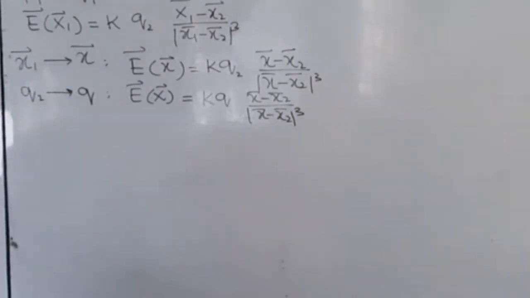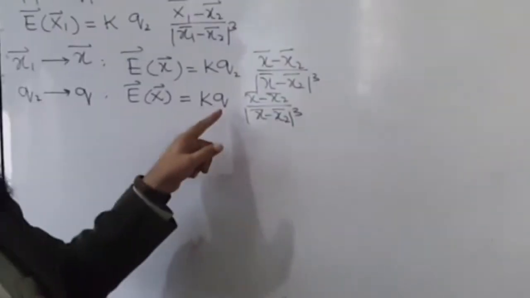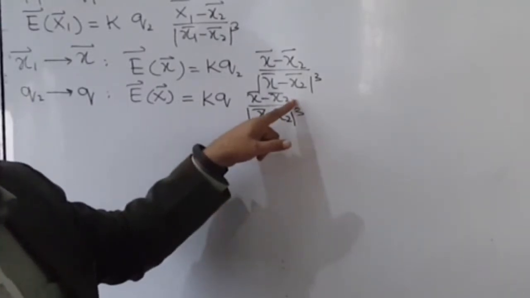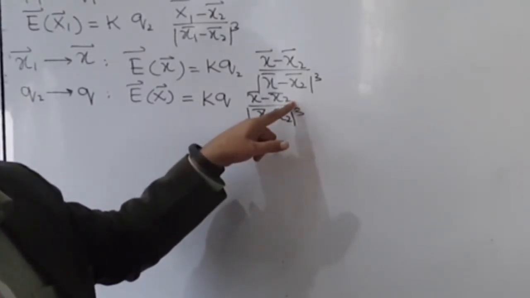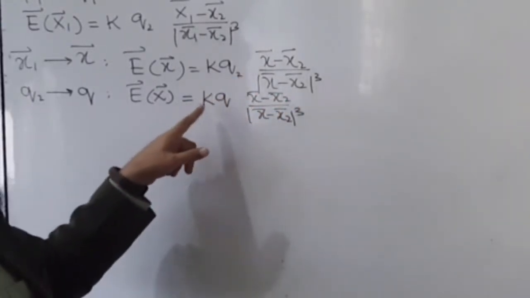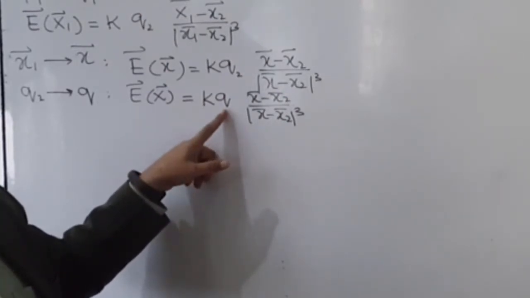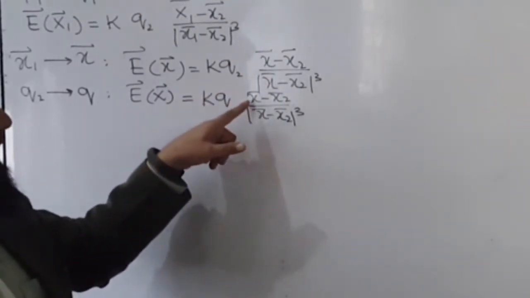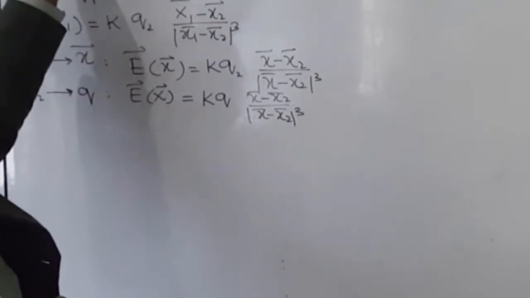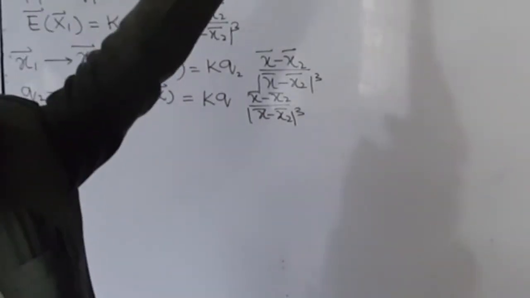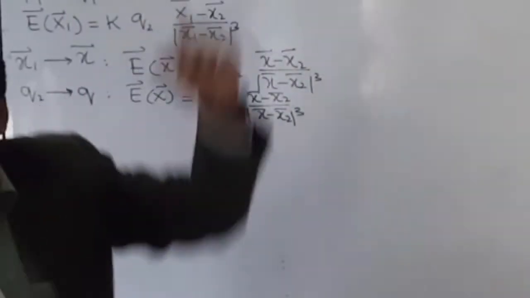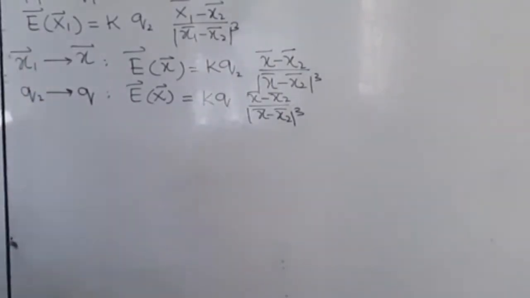Now what will be x2? x2 is the distance of the source, this Q, from the reference point. What is x? x is the distance from the reference point to any observation point. Clear?